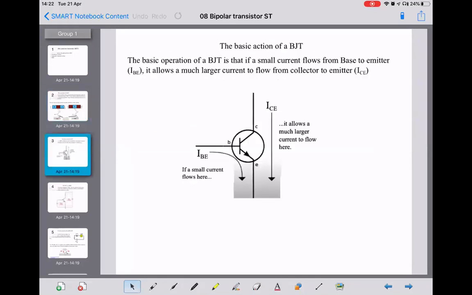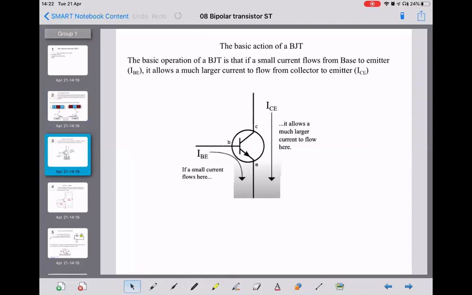So the basic action of a BJT is that if we have a small current, IBE, flowing from the base to the emitter, then we would have a much larger current flowing from the collector to the emitter.